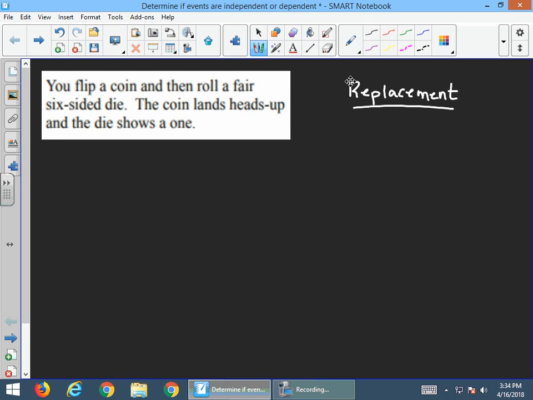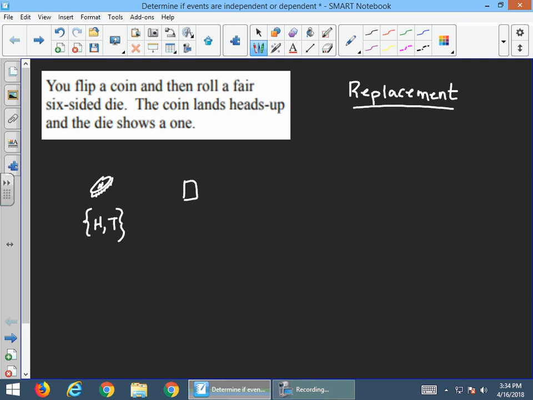The first example says that we flip a coin. So I have this little coin right here, and the coin has a heads and a tails. I'm going to flip this coin, and one of two things is going to happen, a heads or a tails. Once the coin is flipped, I'm going to roll a fair six-sided die.